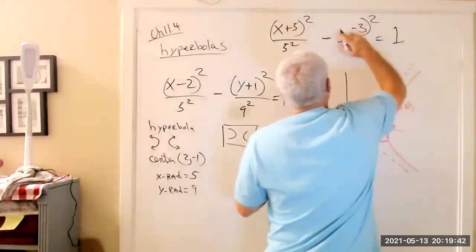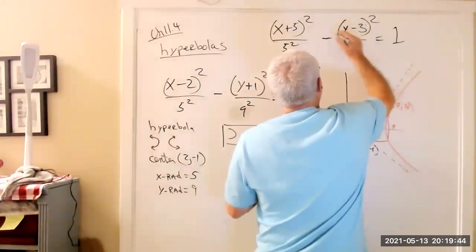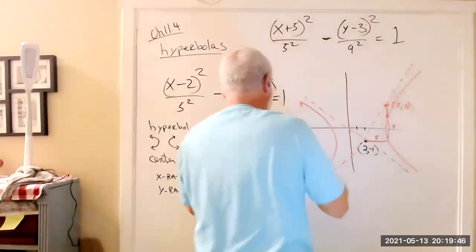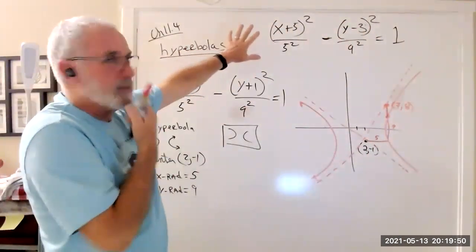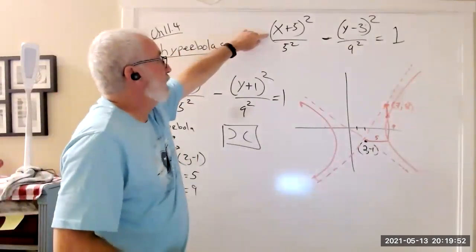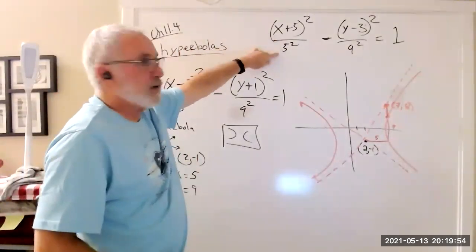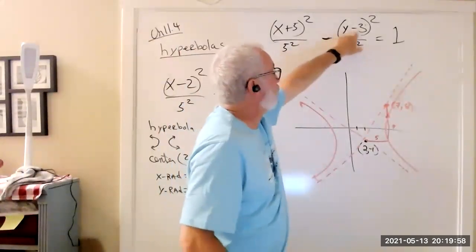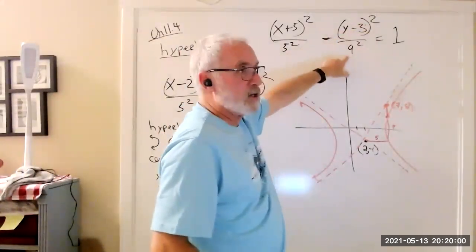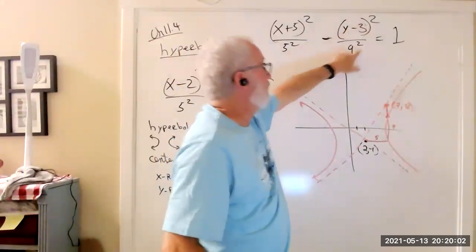Let me clean up my handwriting here. I'm not going to do this one, but I'm going to talk about it. (x - 5) squared over 5 squared minus (y - 3) squared over 9 squared equals 1.